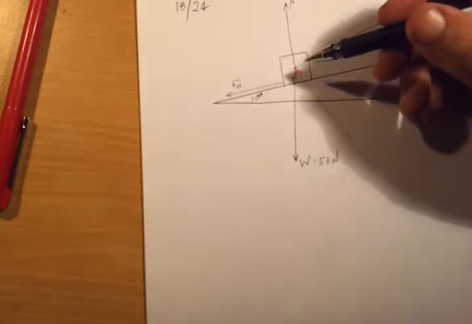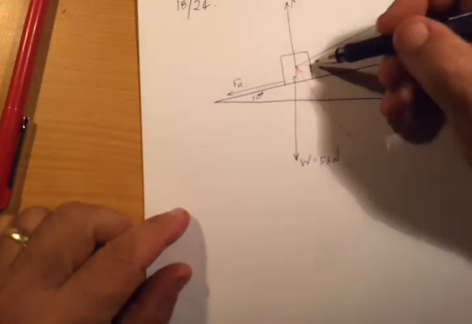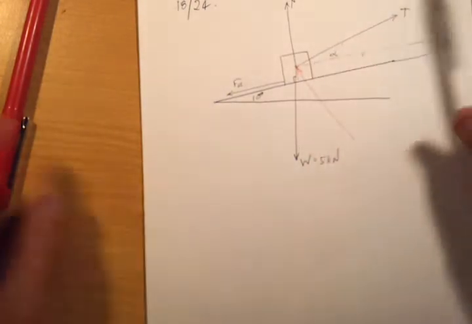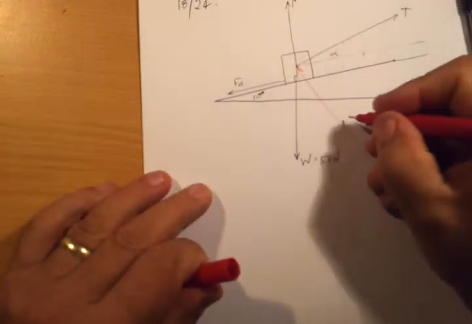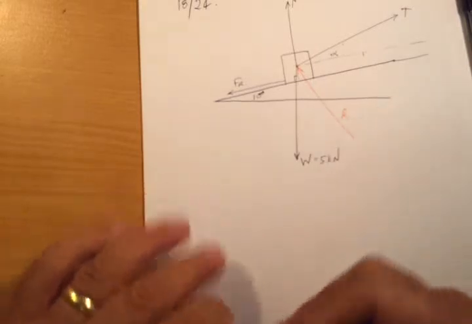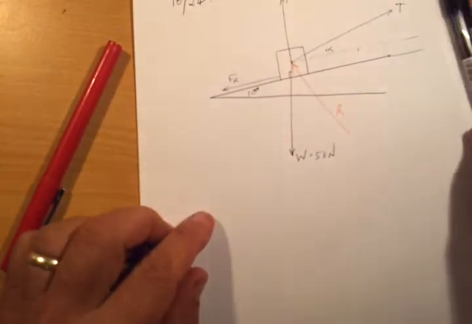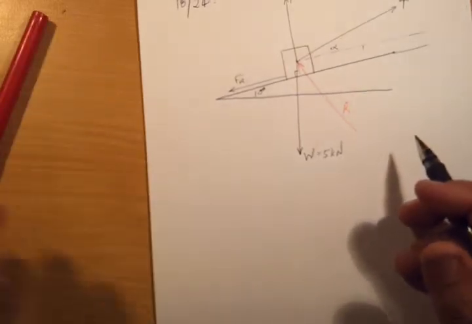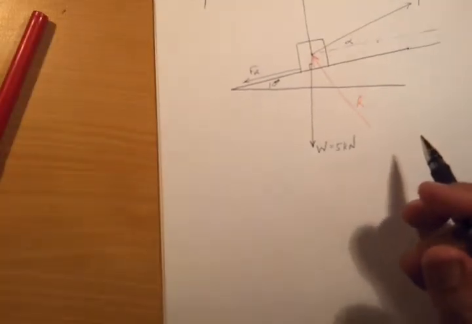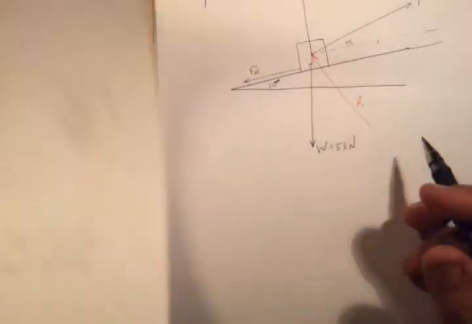But we need to work out what is the angle that this R makes with respect to the other forces, so that we can complete this diagram. Now, to do that, we're going to take advantage of that little bit of information that we just looked at before.